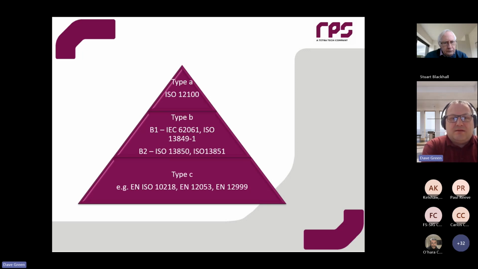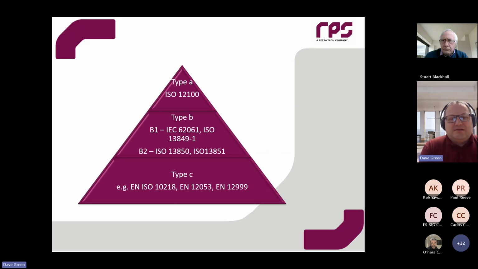The Type B that I've just mentioned: 62061, which is the IEC version for functional safety, and ISO 13849, which is the ISO version for functional safety. And then we have the B2s. So the two examples there: 13850 is emergency stops, and 13851 is industrial trucks, I think. I think that's what it is.